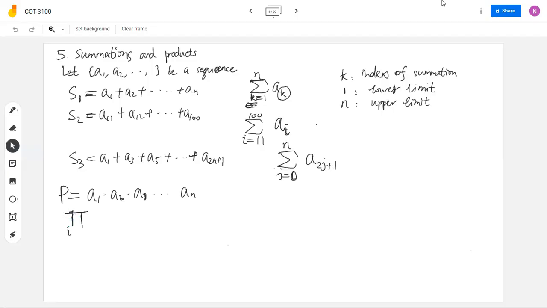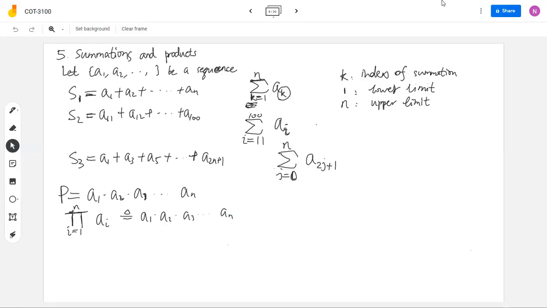So I'm going to write pi. Pi denotes product. This is very similar to the summation. I have pi A_I, I runs from 1 to N. This is the same thing as A1 times A2 times A3, all the way to AN.